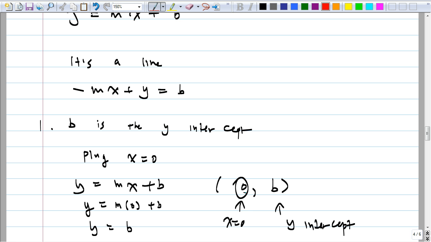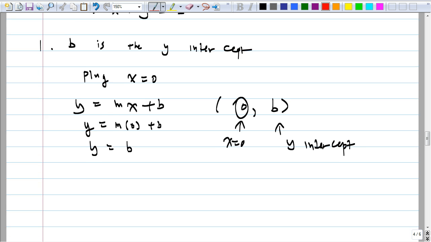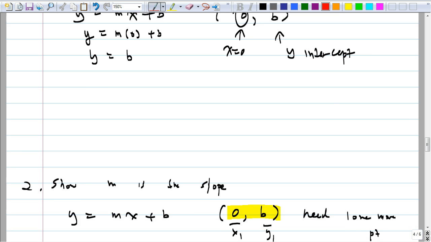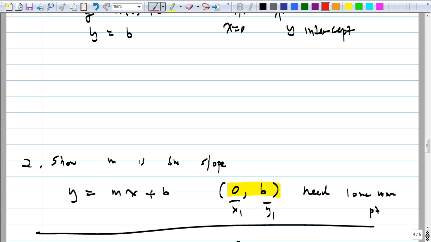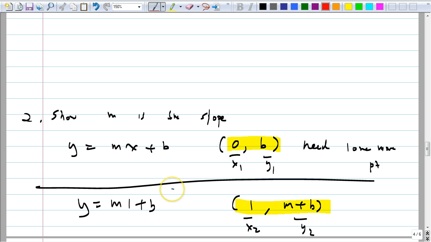So let's just plug in x equals 1. When you plug in x equals 1, you get y equals what? m plus b, don't you? So you have 2 points, (0, b) and (1, m plus b).